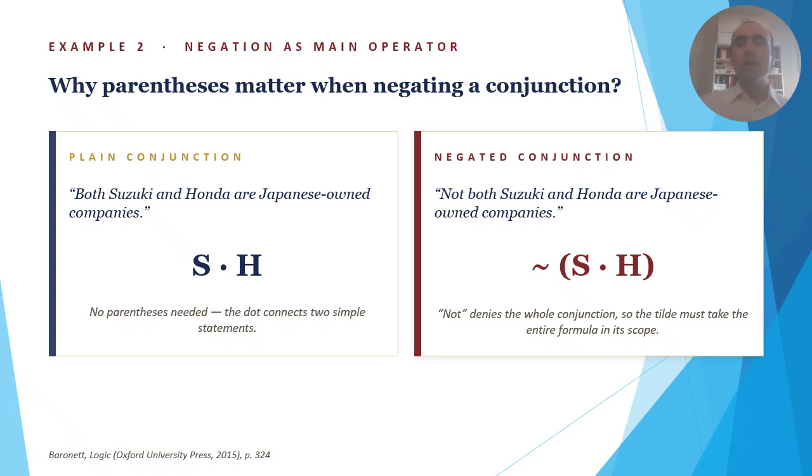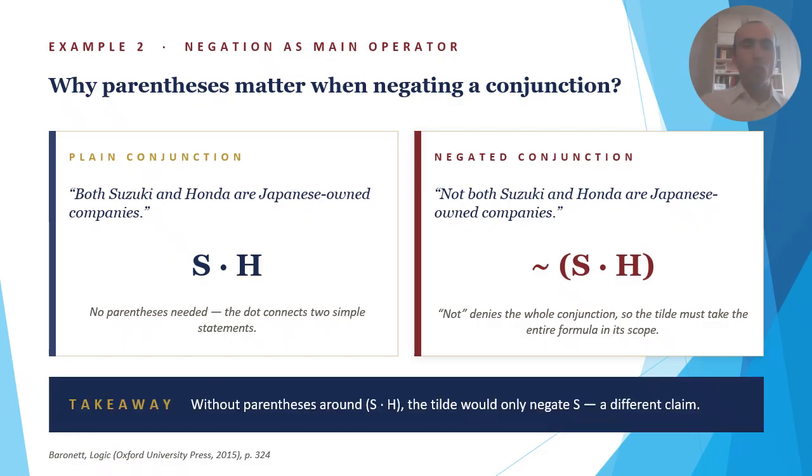So the tilde must take the entire formula in its scope. That's why it is important that we use parentheses. Without parentheses around S dot H, the tilde will only negate S, and that will be a different claim, a different statement that is translated.